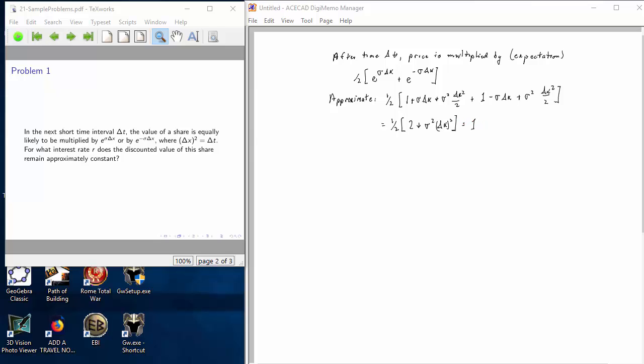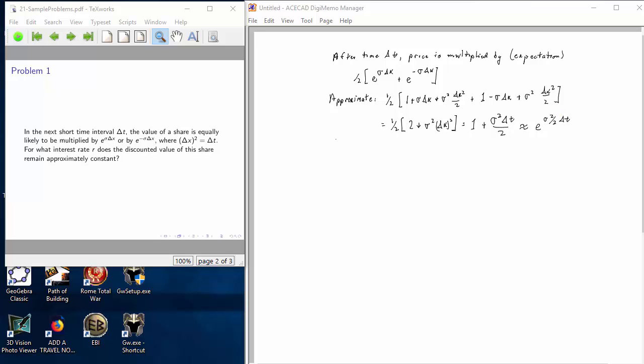So this is 1 plus sigma squared delta t over 2, which is approximately e to the sigma squared over 2 times delta t.